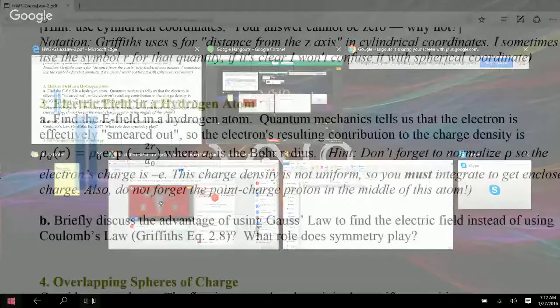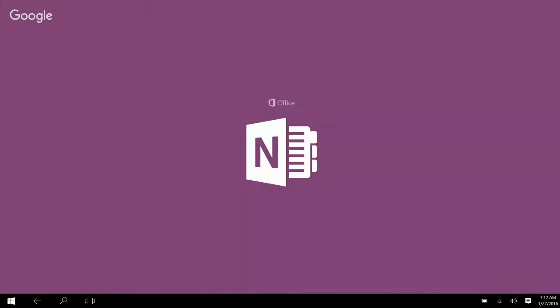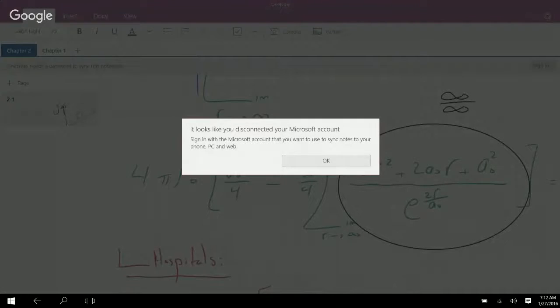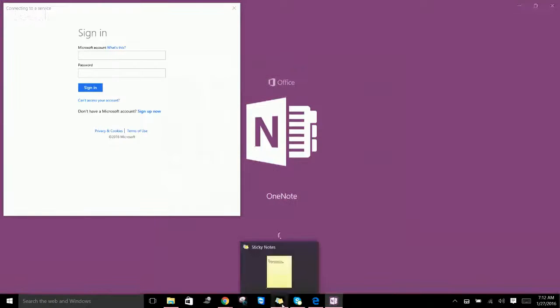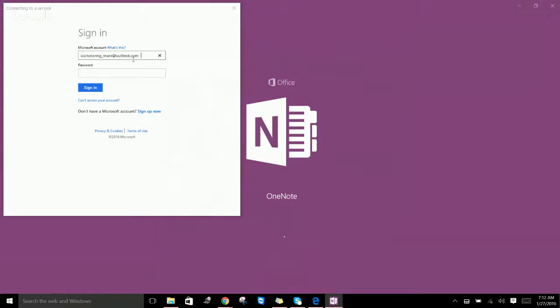Sorry about that. This pad keeps on disappearing here. I have the username here ready, so we don't have to take a long time on this.